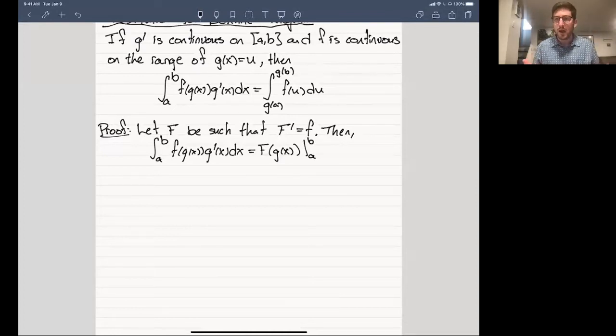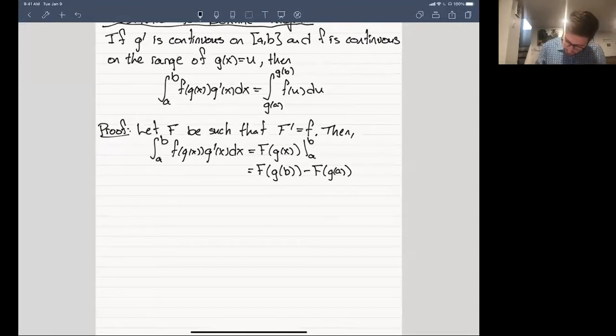This just comes from the fact that capital F is an antiderivative of little f, and I'm just undoing the chain rule here. And by definition, this is capital F at g of b minus capital F at g of a. Again, all I'm doing is evaluating those endpoints.